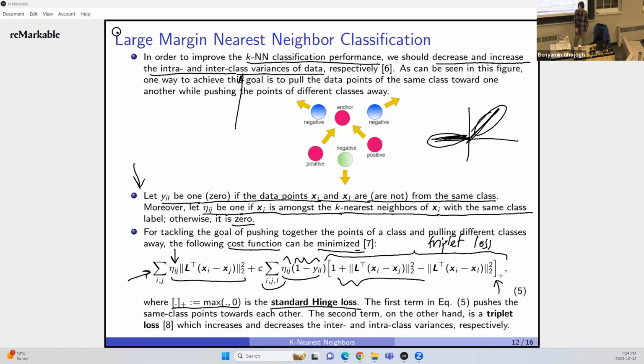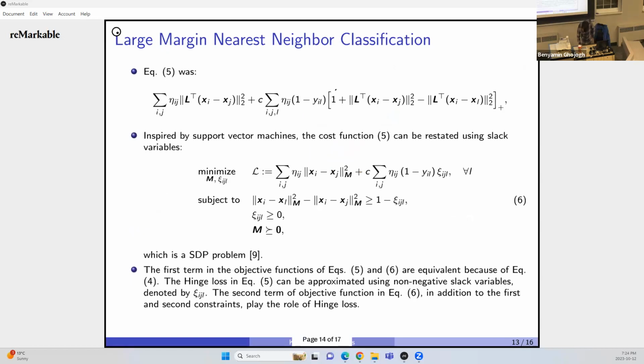So basically, what is it doing? Let's focus on this part now. What is this part doing? Can you tell me? I'm minimizing this part, right? Guys, please focus.